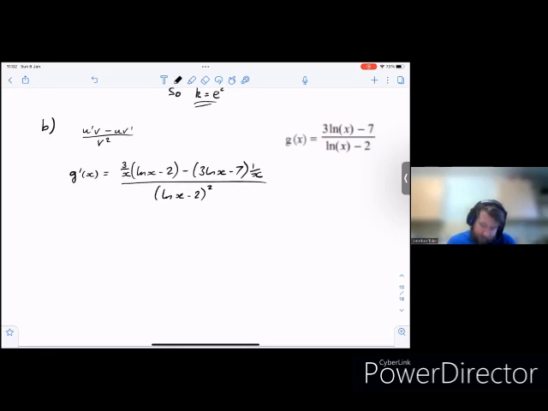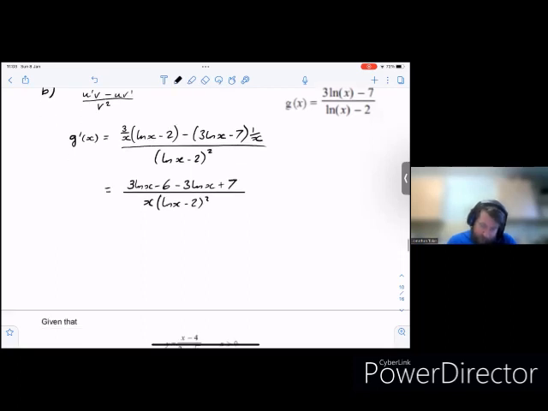So we can take that common factor of x onto the bottom of this fraction, and then the top, I'll multiply it out: 3 log x minus 6 minus 3 log x plus 7. So that becomes 1 over x log x minus 2 squared.